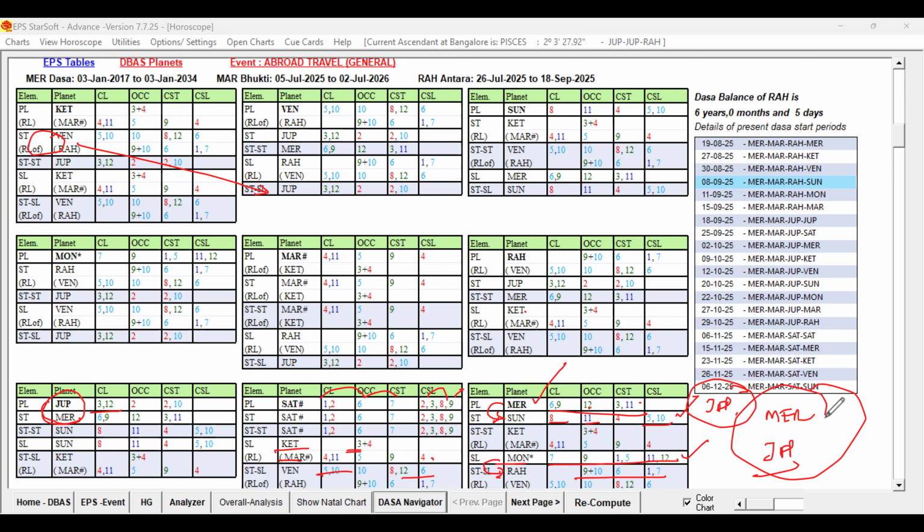These two are the strong favorable key planets, and of course Ketu and Rahu, then Moon, Rahu. All the rulers are favorable key planets. When Rahu comes, Venus will come automatically. Now, under Mercury, as per the record, he traveled abroad in the Venus Antra.